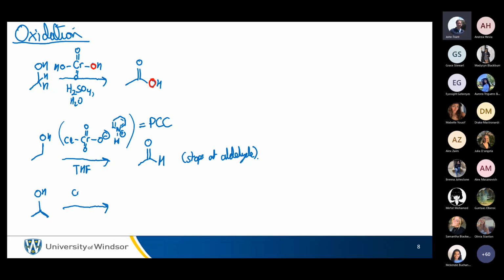It wants to go to an acid, but it can't because we can't break one of the carbon-carbon bonds. So what this whole thing is called is the Jones reagent.